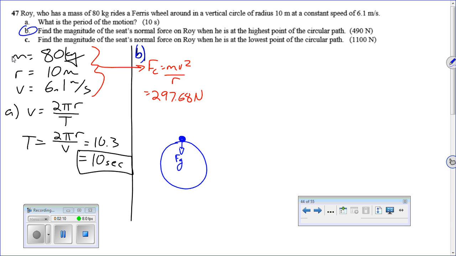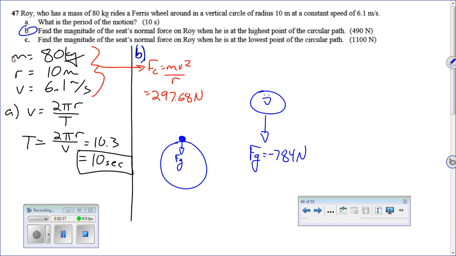So let's take a second to do this. So here's Roy. Gravity is pulling him down with a force of 80 times 9.8, which is negative 784 newtons. Okay, and then the seat is holding him up. All right, but remember, because we're talking about uniform circular motion, the speed is constant.